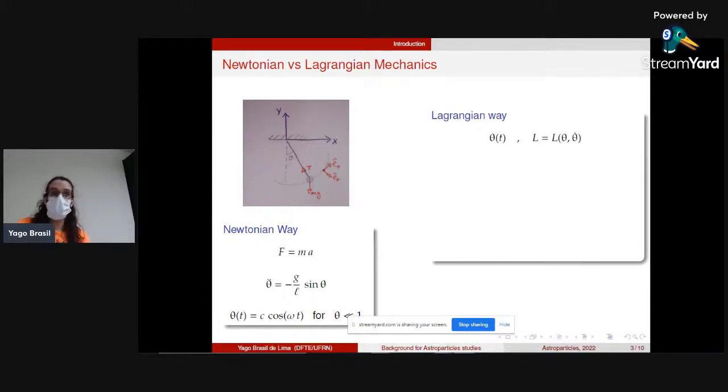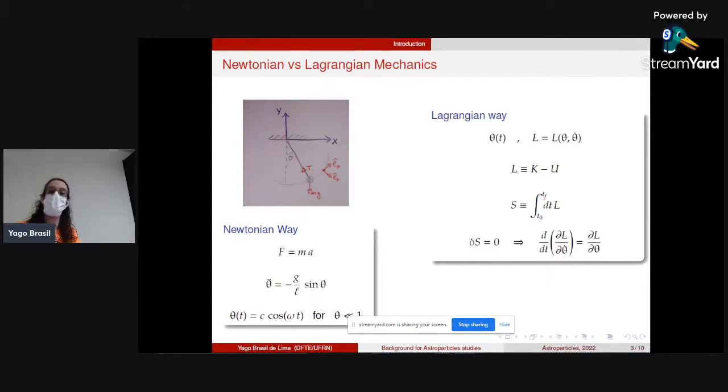So we want to find the spatial function that depends on time, and we define another function called the Lagrangian. And that Lagrangian will be defined as a scalar field, a scalar entity. So we don't have to worry about the vector analysis.